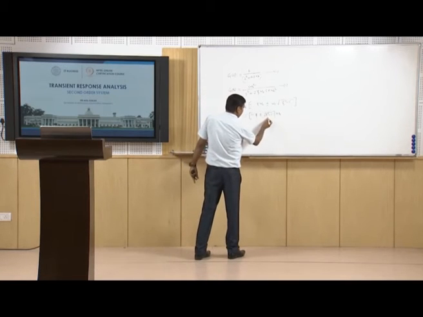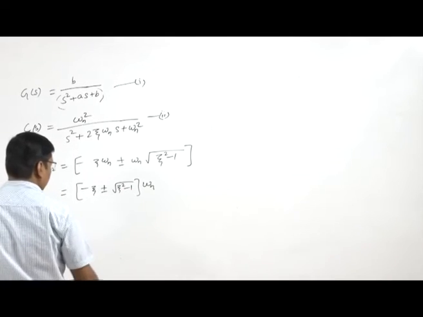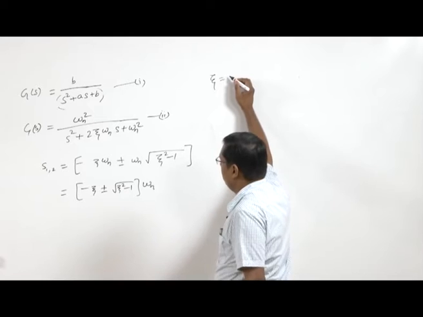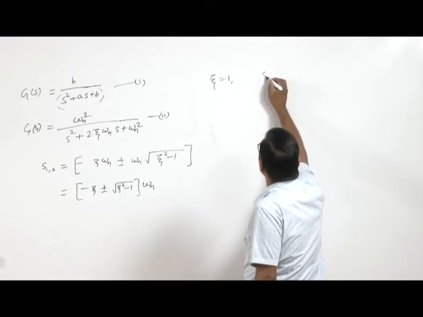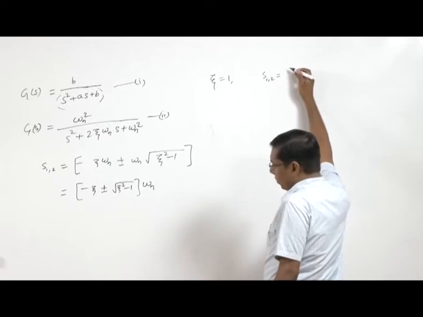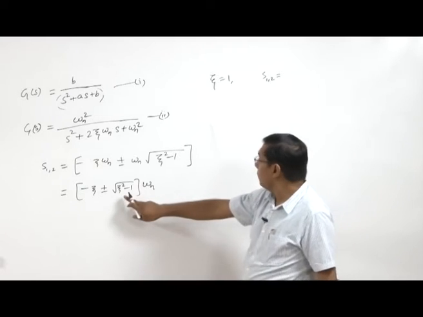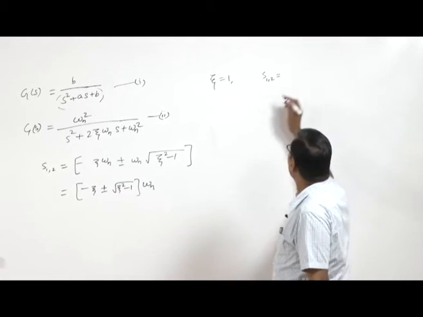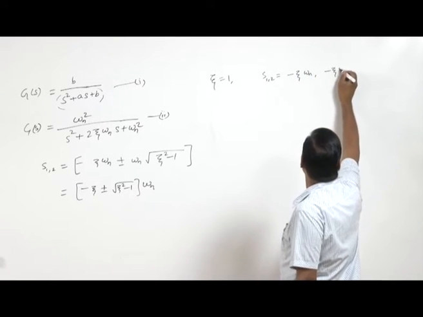And now we can see the cases inside. So if zeta equal to 1, we will have s1,2 equal to, this root term is 0, so we will have minus zeta omega n and minus zeta omega n.